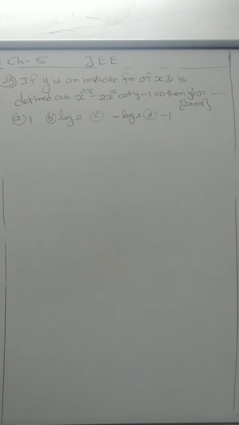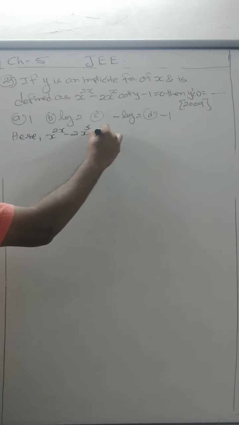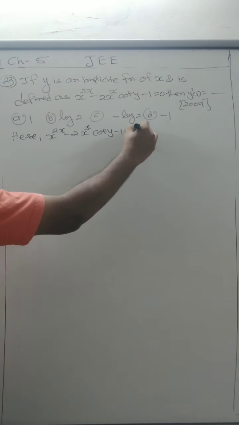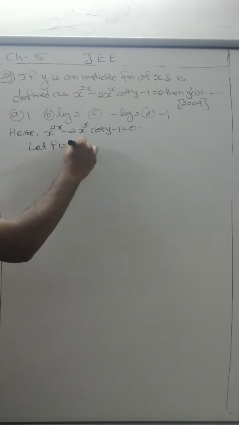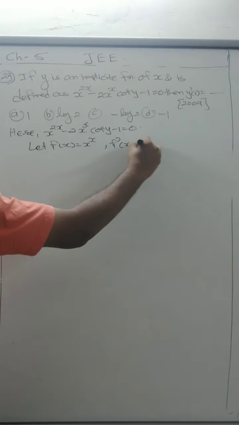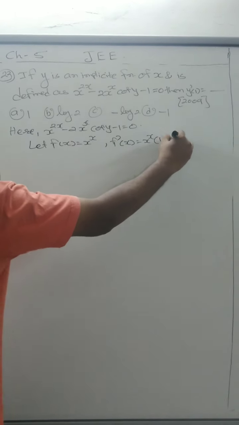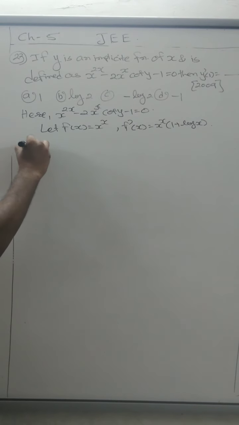Okay, so we start this sum here. x^(2x) minus 2x^x cot y minus 1 equal to 0. Let f(x) equal to x^x, then f'(x) equal to x^x (1 plus log x).